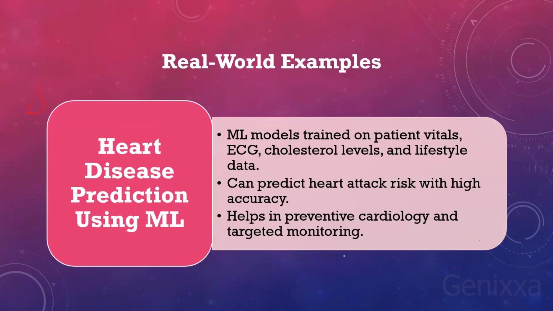Talking about some real-world examples, if you are looking for specific application areas to work with in your research projects in the future, it could be heart disease prediction using machine learning. In this case, you can train machine learning models on patient vitals, which include maybe ECG, cholesterol levels, or lifestyle habits of that particular patient.